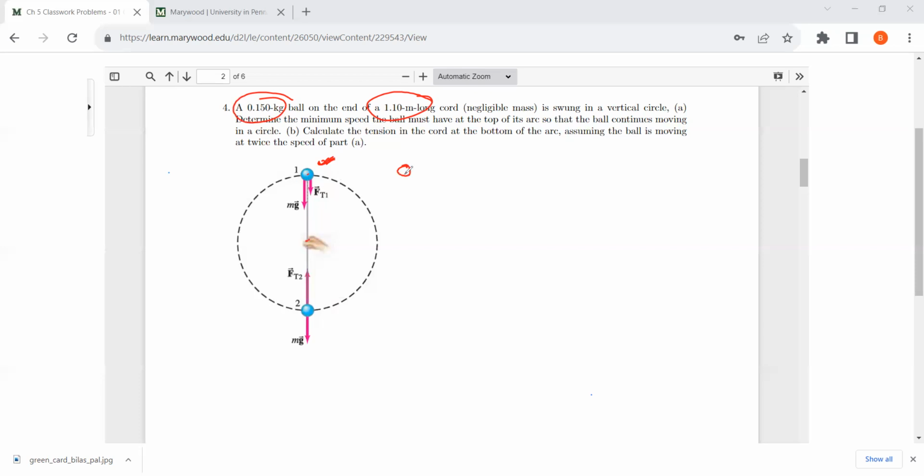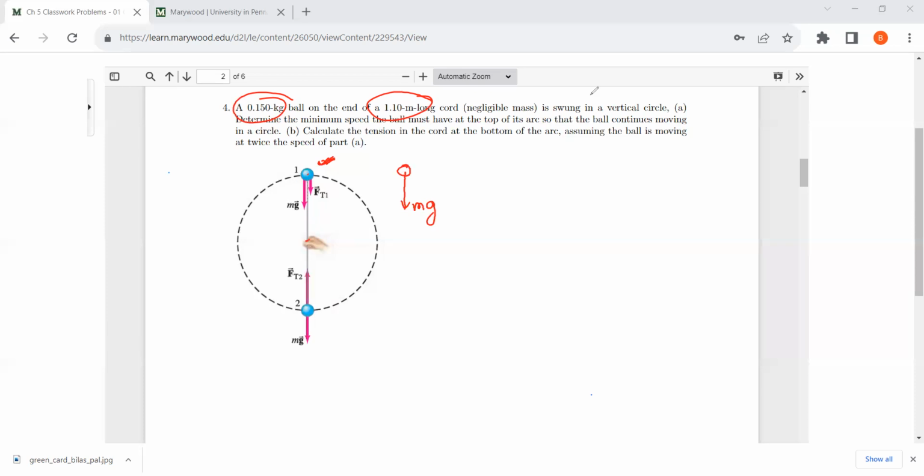Okay, so the ball should have the gravitational force mg, and gravity is always downward. Okay, and because the ball is connected with the hand by a string, we should have the tension force.